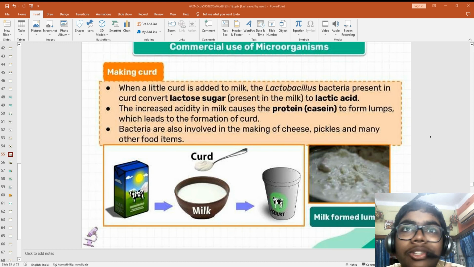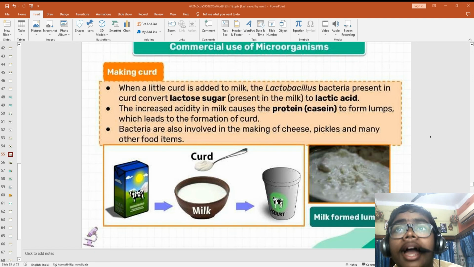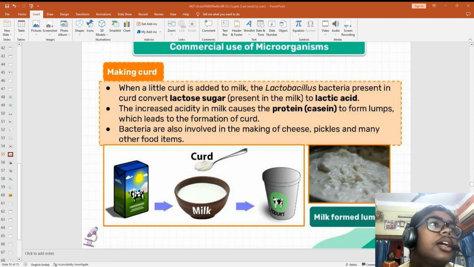You know acid means sour. That's why it becomes sour. And as the acidity increases, lumps form. Have you seen lumps like that? Likewise, cheese is also made, pickles are also made, and food is also made with the help of bacteria, yeast, fungi, all those things. Okay, clear?